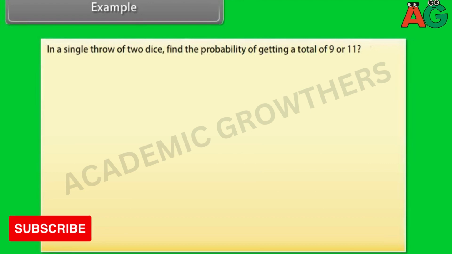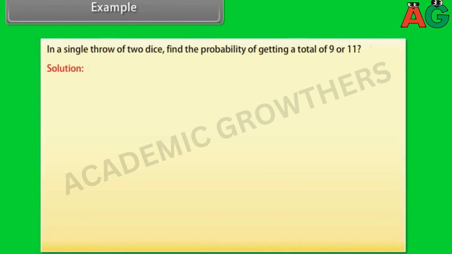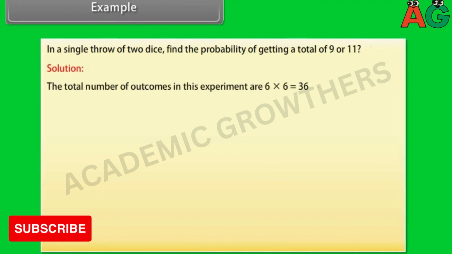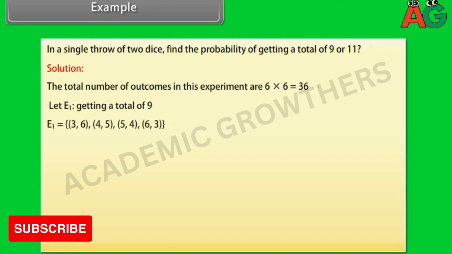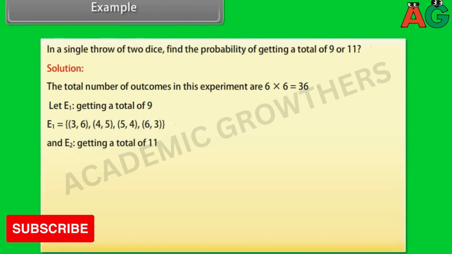In a single throw of 2 dice, find the probability of getting a total of 9 or 11. Solution. The total number of outcomes in this experiment are 6 into 6 is equal to 36. Let E1: getting a total of 9. E1 is equal to (3,6), (4,5), (5,4), (6,3), and E2: getting a total of 11.